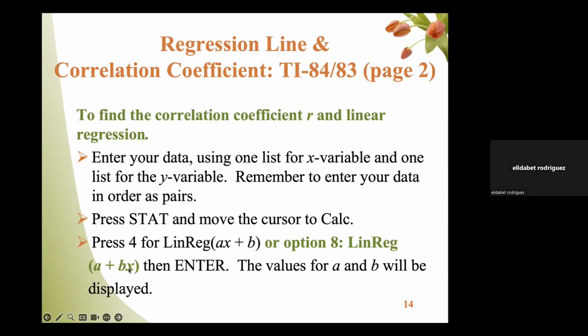You can pick any of them, but I strongly recommend that you pick option number 4, linear regression AX plus B. After you highlight number 4 in your calculate window, then you press enter. So when you press enter, the calculator goes to your home screen. It gives you an equation, y equal to ax plus b. Then it gives you the a value and the b value in your home screen.